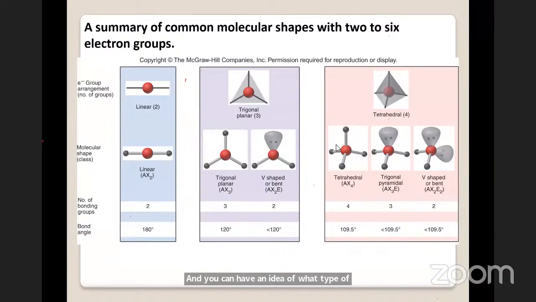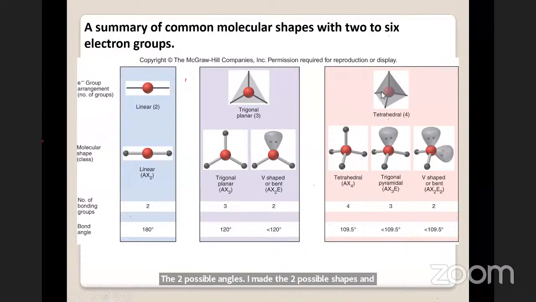Very quickly, as we conclude the class, this is giving you a summary of all the shapes. You have planar, you have linear structure, the angles, the type of bond. You have trigonal, the angles, the 2 possible shapes, and the types of bond they can form.